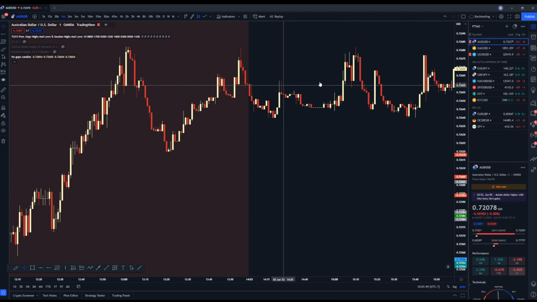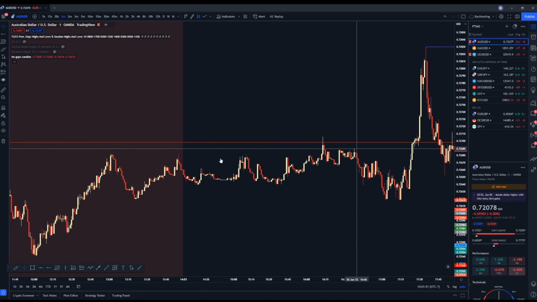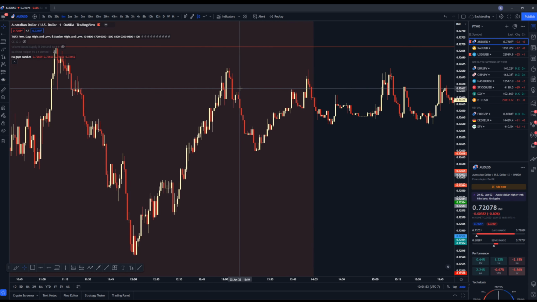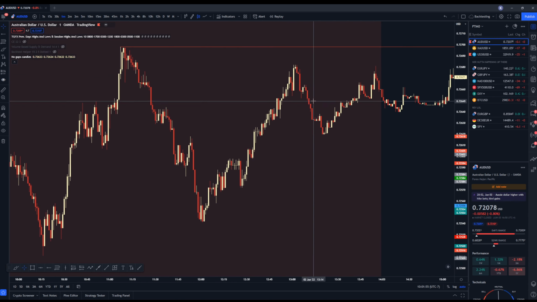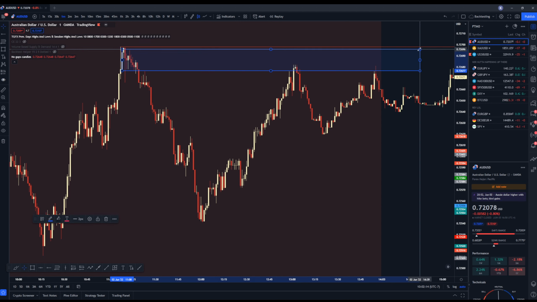We found one. Now, I don't know if this one works out because we're in an uptrend, right? But we have two here. So depending on how you would mark this quasi out, you could say this is a right shoulder or this is a right shoulder. But when there's like two things, like the two areas of supply, I'll usually just take the whole area. So I'll do it like this.